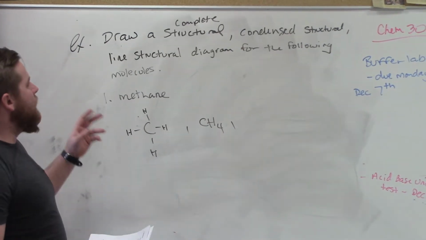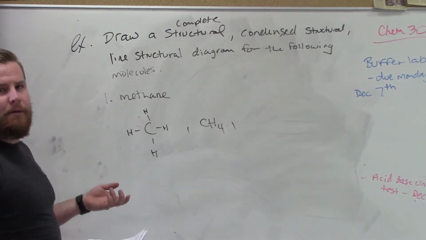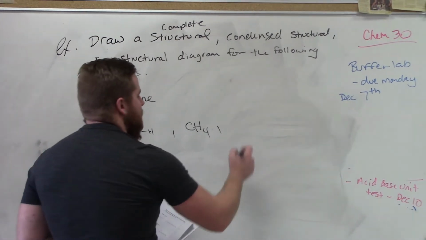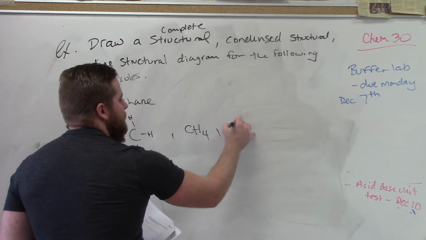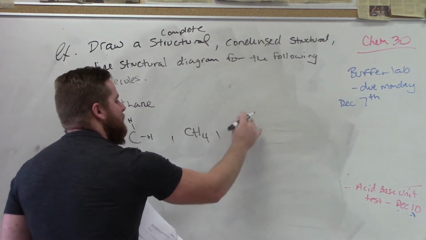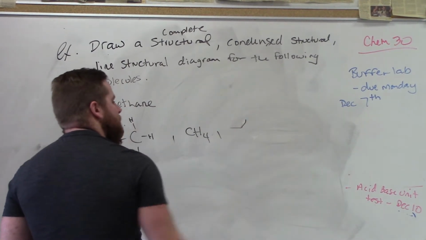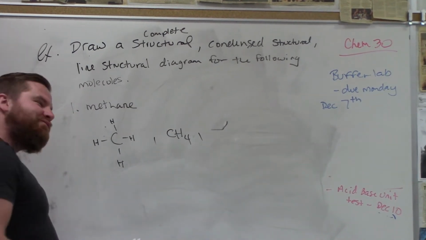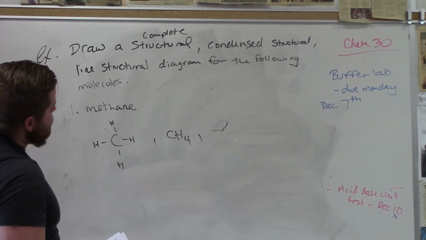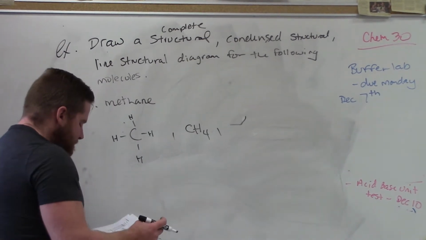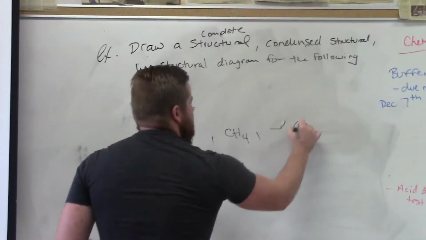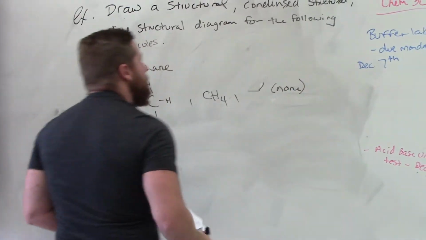And a line structural diagram for methane is kind of weird, all right? Because there's only 1 carbon, it actually looks like that. Okay? That's a bit of a special case. So you can use this, or none is alright as well.